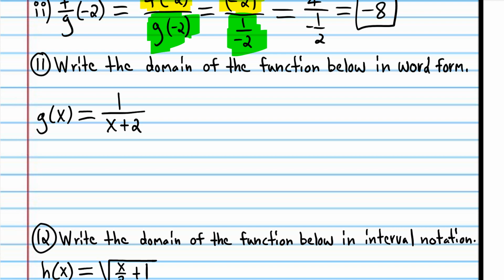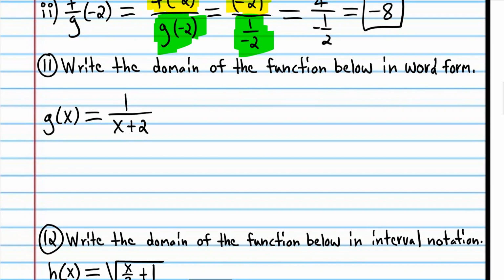All right, we're back. So remember, when you're trying to find all the possible x values of a function that will produce an output, it's sometimes easier to think about what x cannot be, what the inputs cannot be.